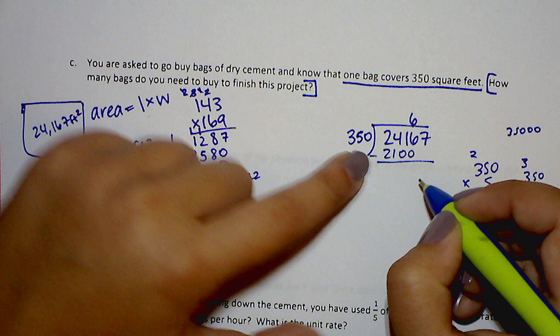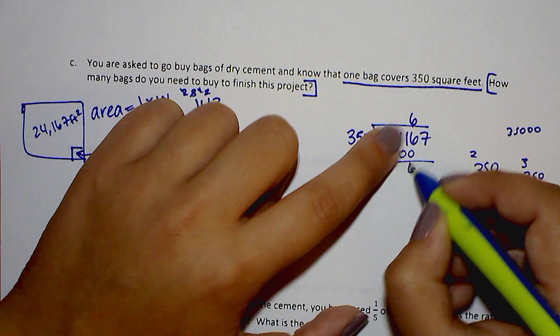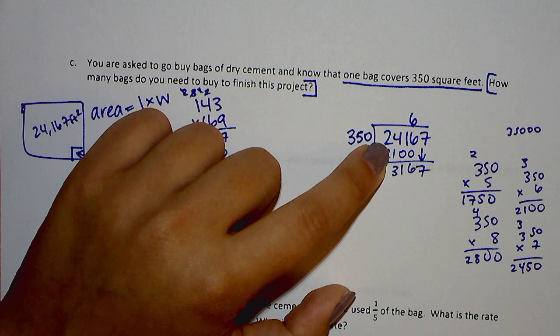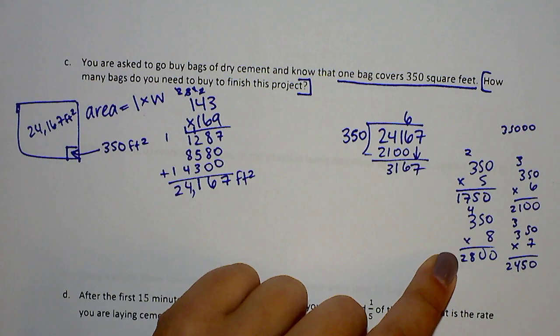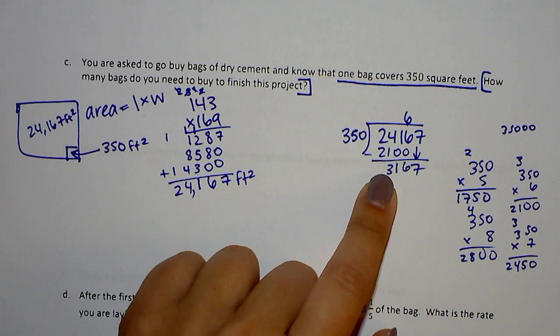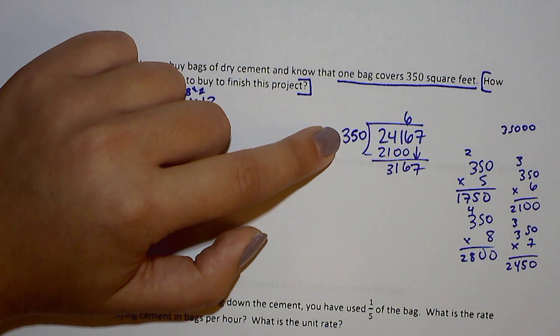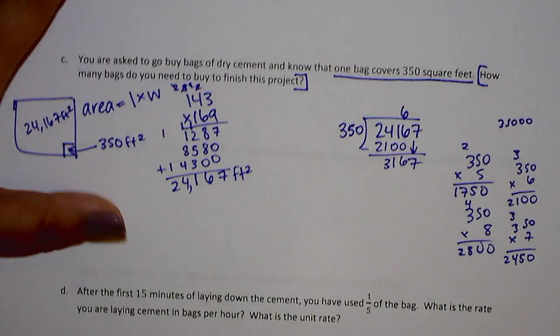I subtract and bring down the 7. I already know that 350 times 8 is 2,800, so this is going to be bigger than that. But it's not going to be as big as 10 because that'd be 3,500. So let's try 9.